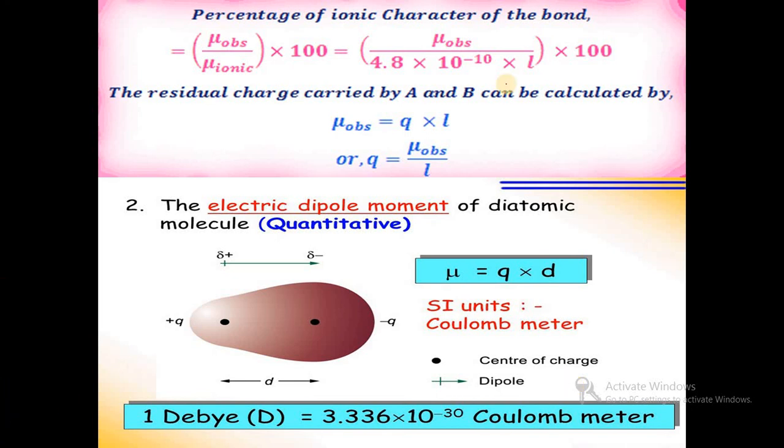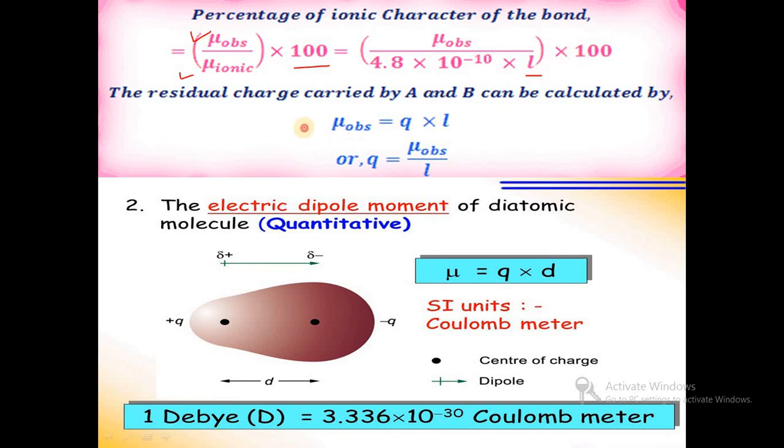So the percentage of ionic character of the bond is equal to observed dipole moment divided by calculated dipole moment into 100. So mu observed is divided by 4.8 into 10 to the minus 10 into the bond length between the two atoms, into 100.